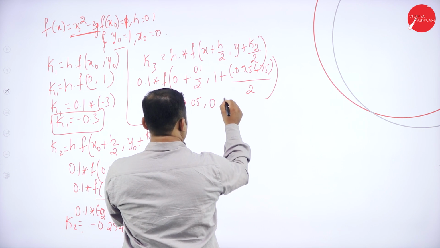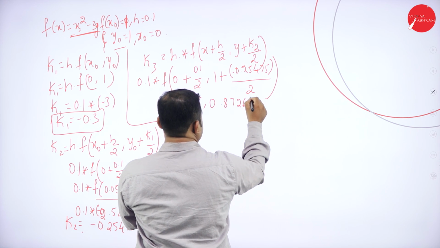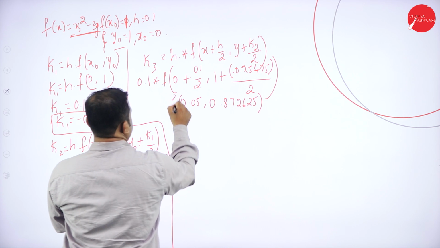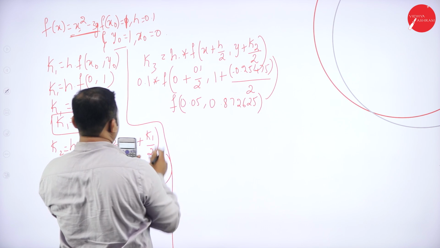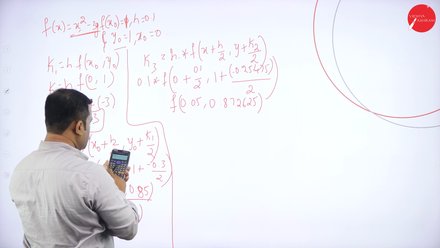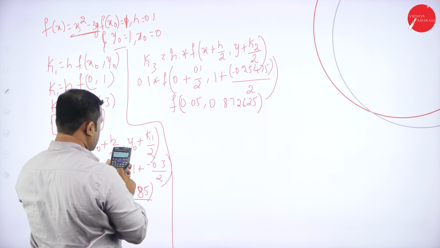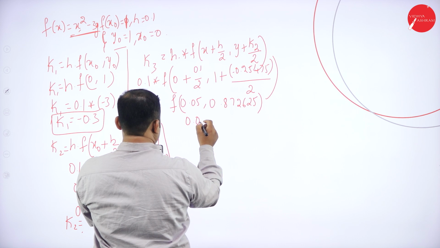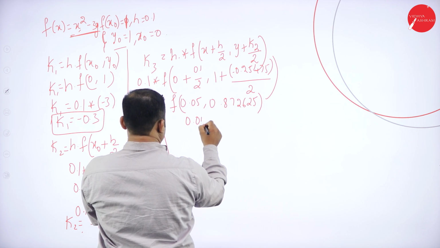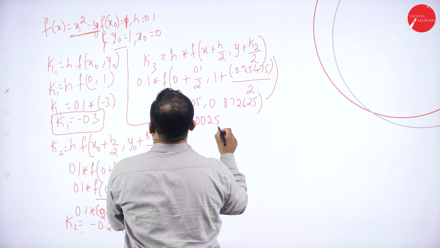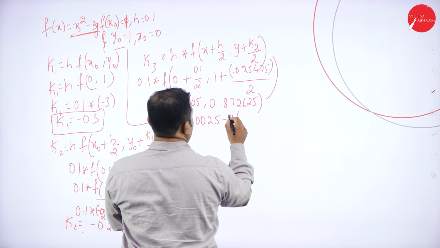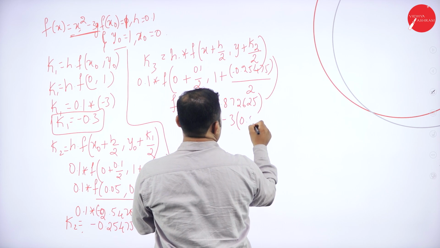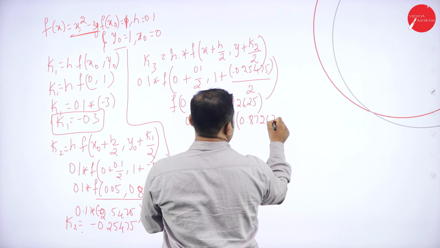That is 0.872625, the value of f of this term. Substituting, 0.05 whole square is equal to 1 by 400, which is 0.0025, minus 3 times 0.872625.